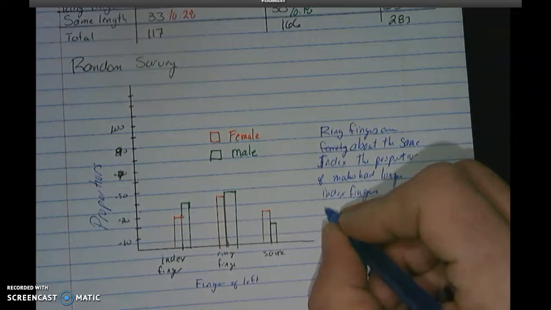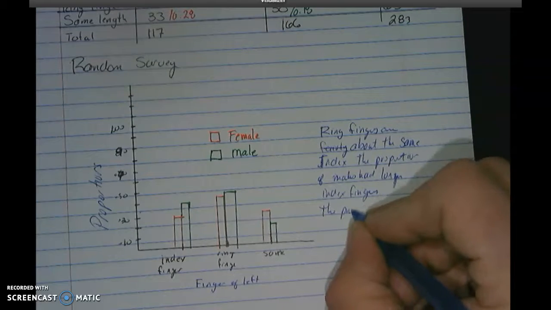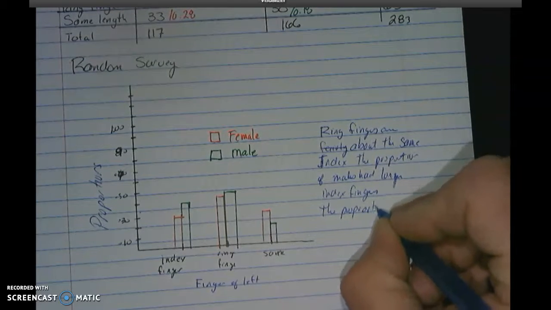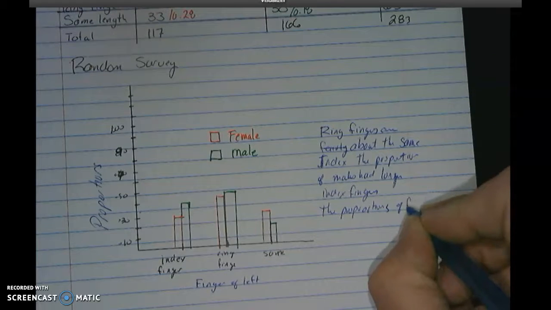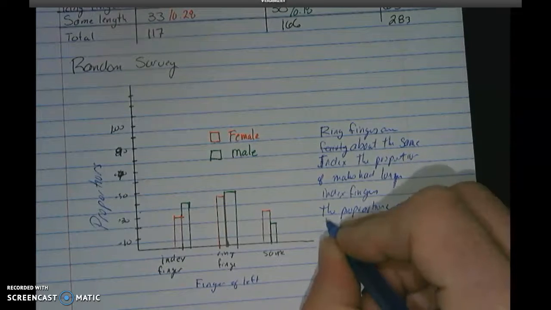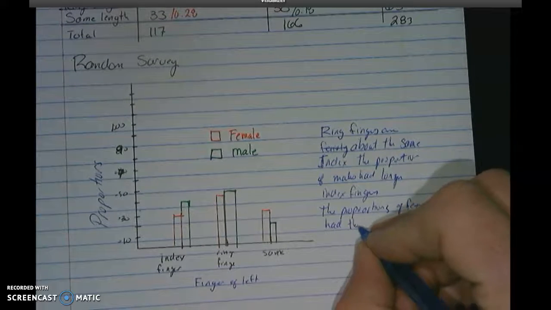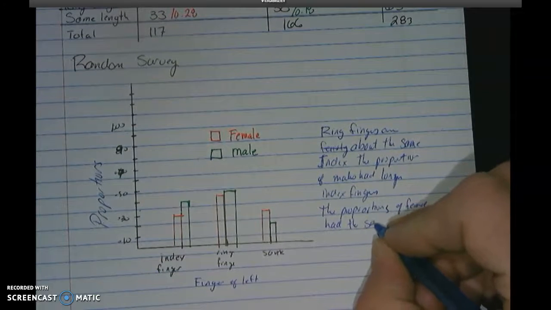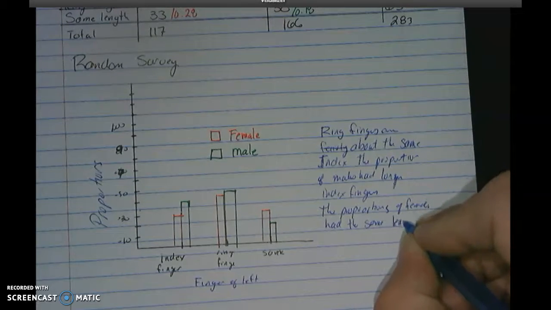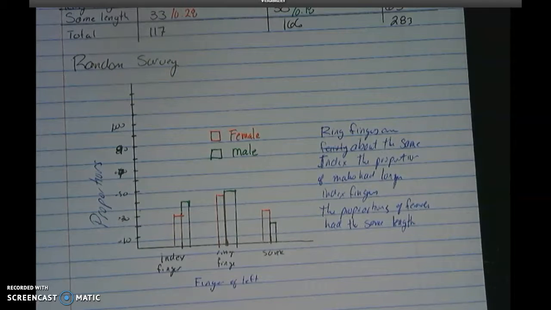And then the proportion of females had the same length. Okay, so that would be our write-up, so that way we would know what we're talking about, or at least we would be able to fake it.